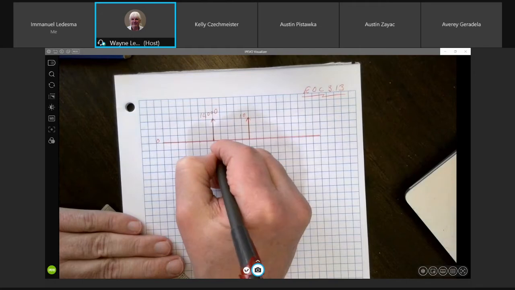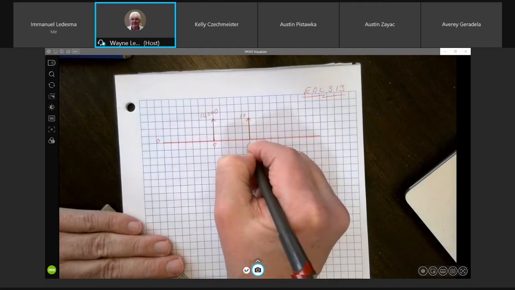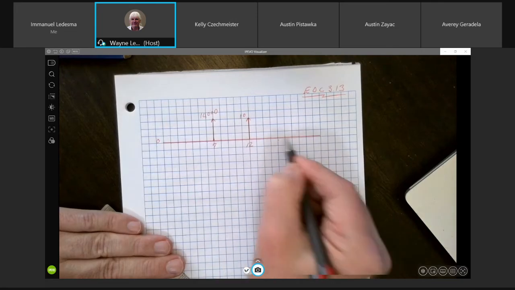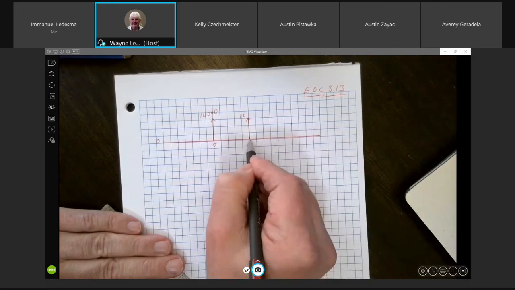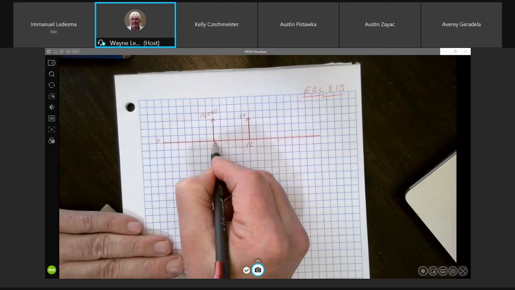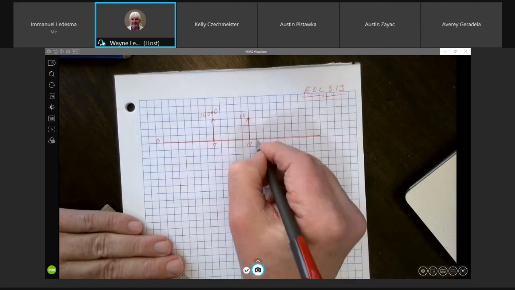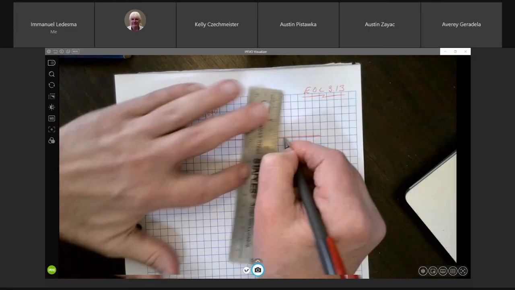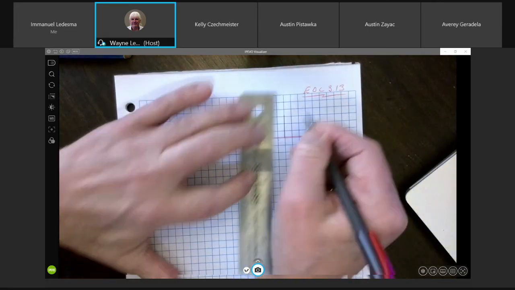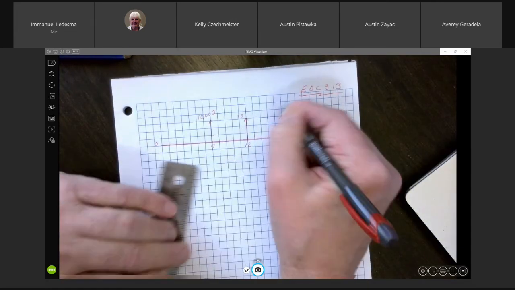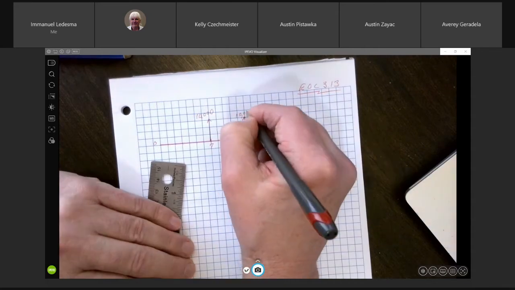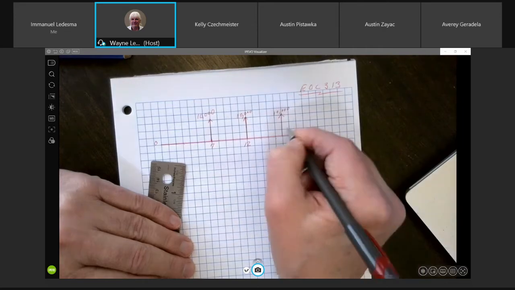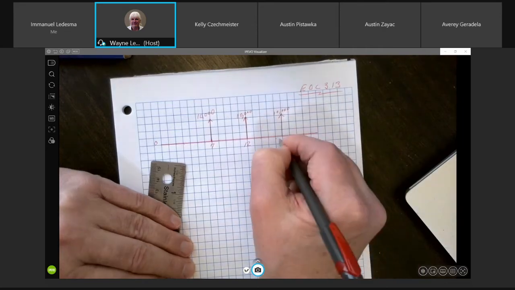This was at the end of year 7, so this would be at the end of year 12. It's every 5 years. However, the first one begins at the end of year 7. So another 5 years, 1, 2, 3, 4, 5 is here. Another $10,000. And that would be at the end of year 17.